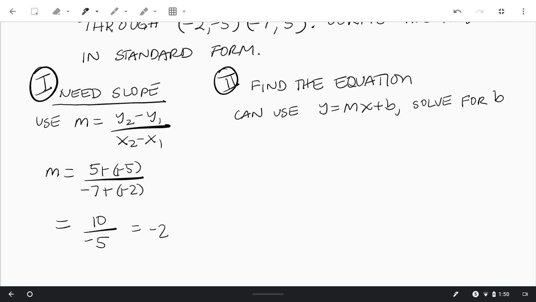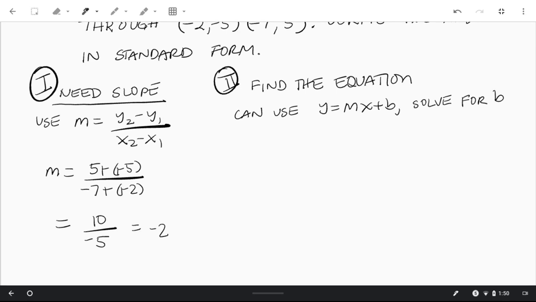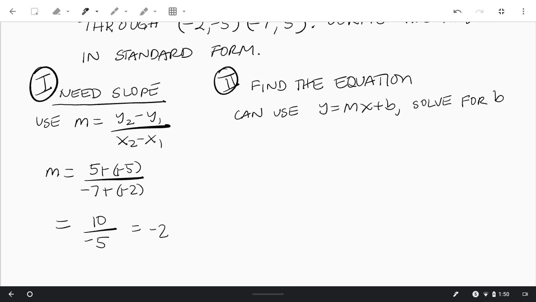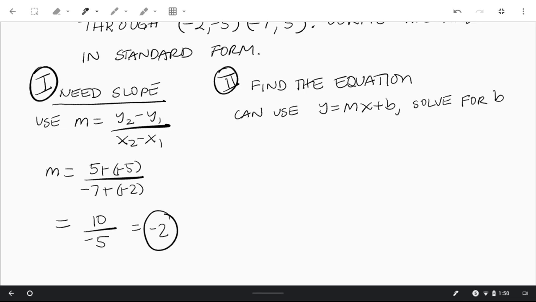We're going to plug in for y, m, and x. We already know what m is. This is m. So we're going to plug negative 2 in for m.